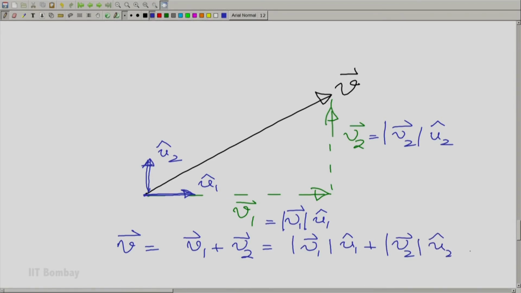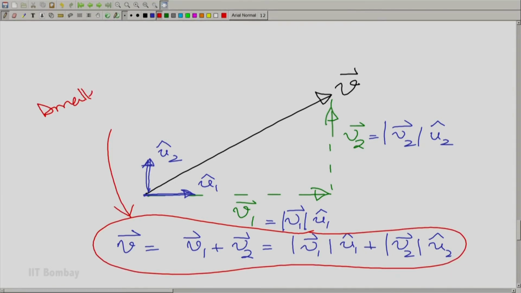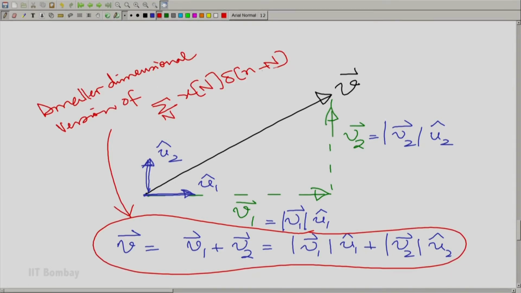And this is essentially very similar. What we have written here is a two dimensional, or smaller dimensional, version of this. So, what we wrote in 2 dimensions, we are now writing in an infinity of dimensions, a countable infinity of dimensions.